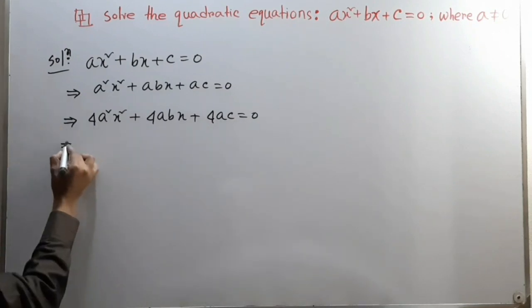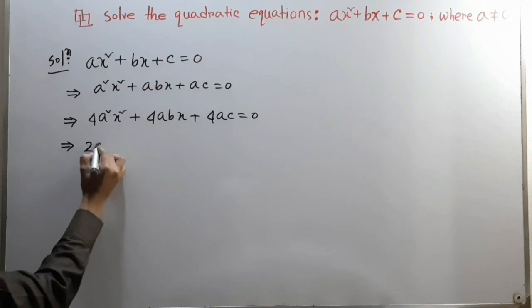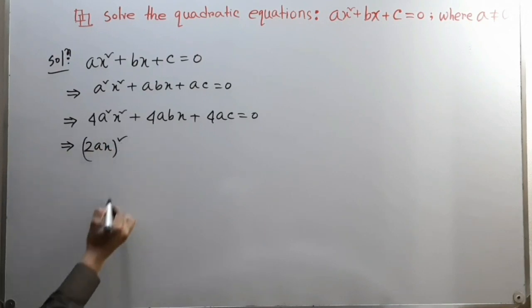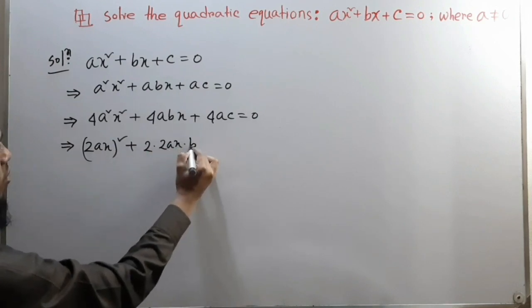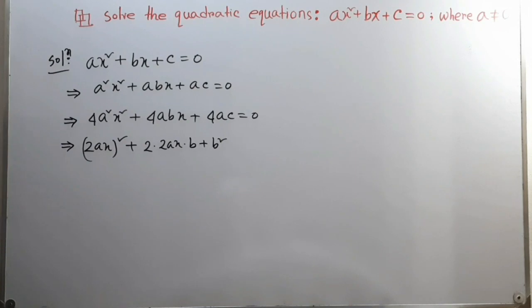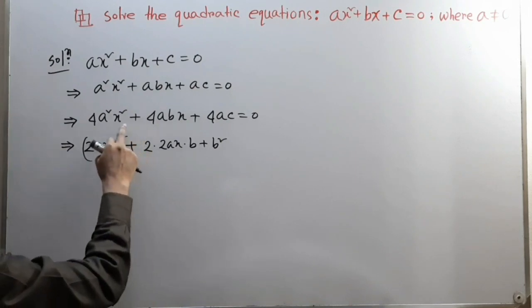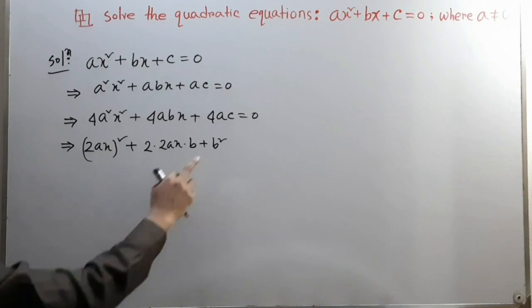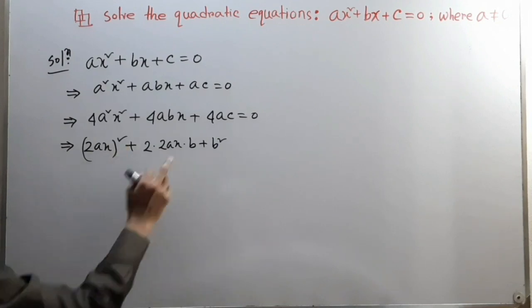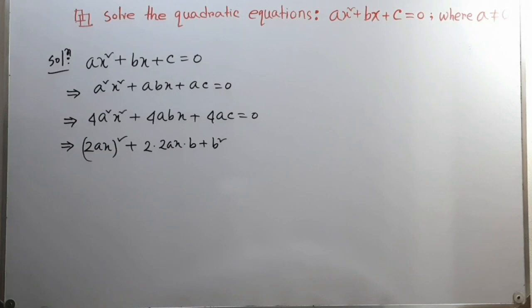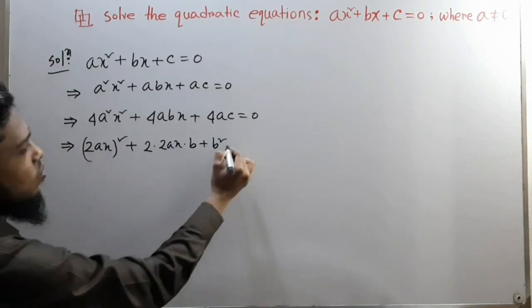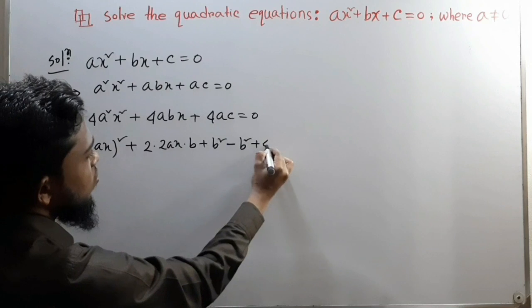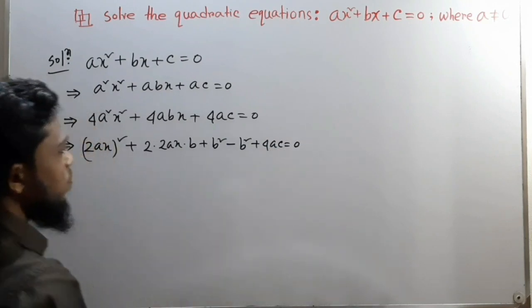So we can write 2ax whole square plus 2ax into b plus b square. Look, in this equation b square is not present, but in this formula b square comes. So to balance these two, you have to subtract the b square term. So minus b square plus 4ac is equal to 0.